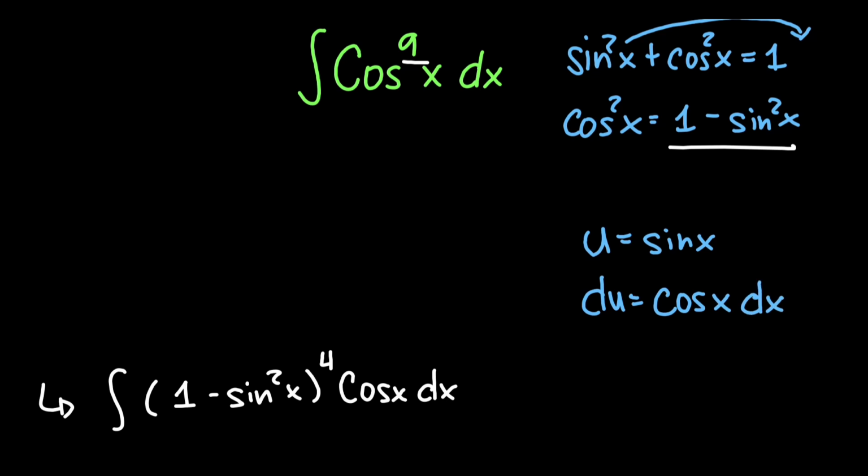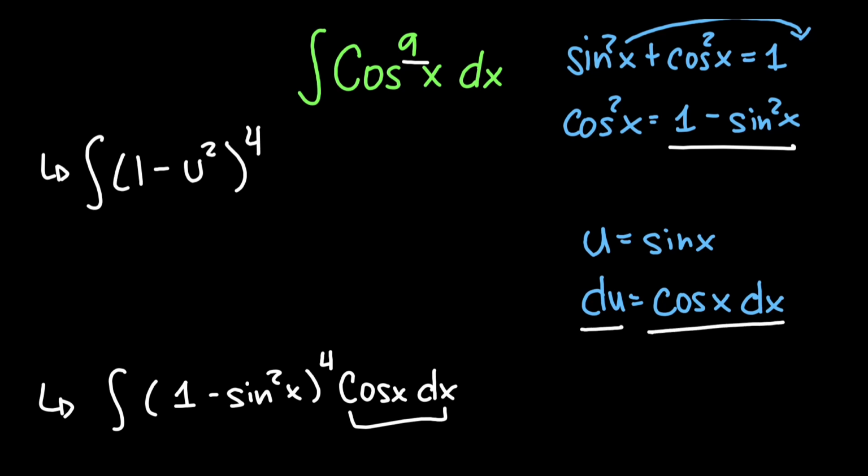Now that we have our values, let us substitute it. So this would be the integral of 1 minus u squared, because this is sine squared of x, raised to the power 4. Cosine x dx is the same as du. So this would be simply du.